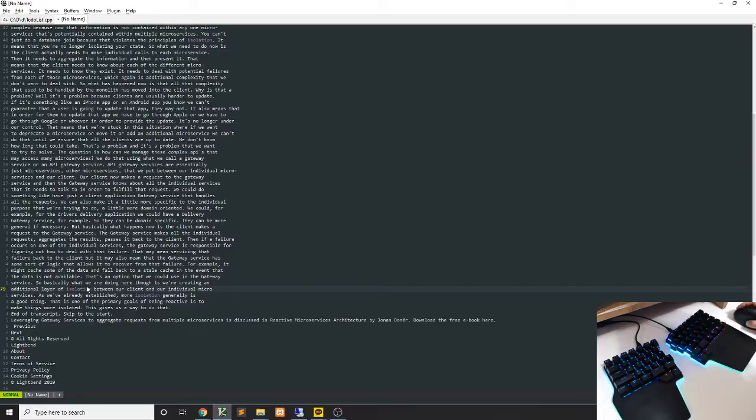So basically, what we are doing here is creating an additional layer of isolation between our client and our individual microservices. So by itself, this is another isolation. Does that make sense?